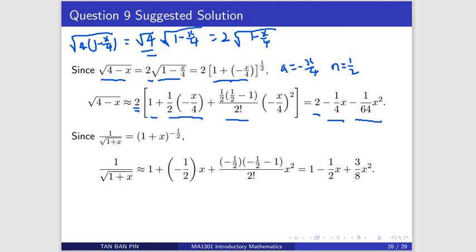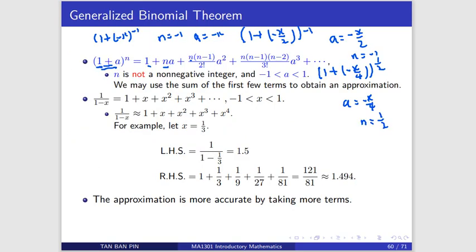As for 1 over square root of 1 plus x, you just write it as 1 plus x power minus half. So you take a as x and n as minus half in the generalized binomial theorem.